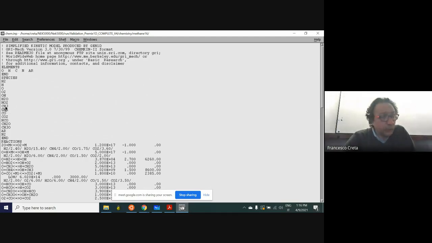You can see that we have a bunch of intermediate species that come from the breakup of CH4. So you can see, for example, CH3, and so on. And then the final products that are H2O and CO2, and then some intermediates which are related essentially to the reaction of oxygen atoms.